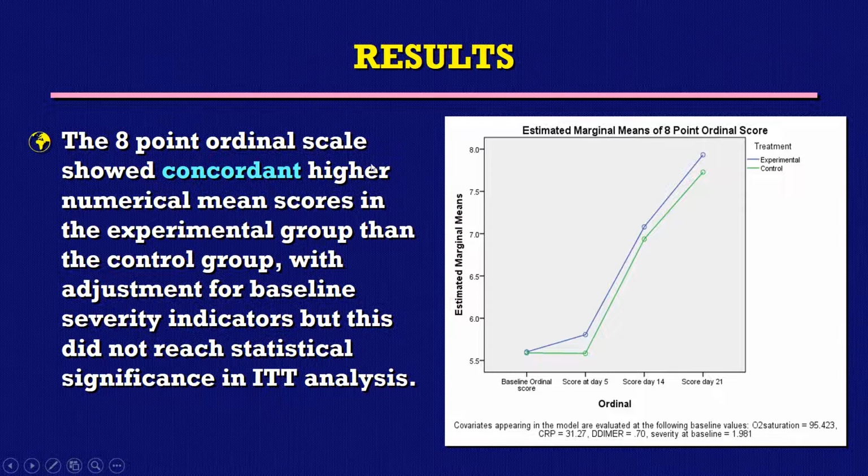Here is the 8-point ordinal scale, which is concordant with higher numerical mean scores in the experimental group than the control group, with adjustment for baseline severity indicators, but this did not reach statistical significance in the intention to treat analysis.